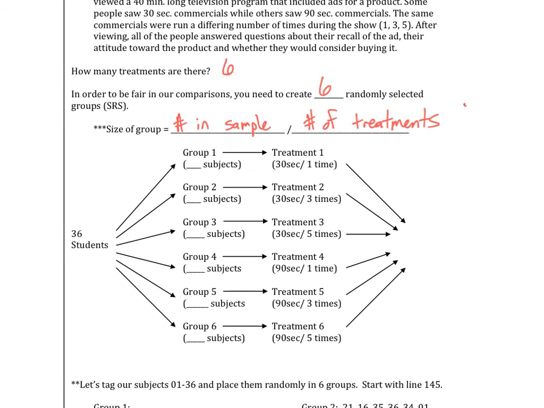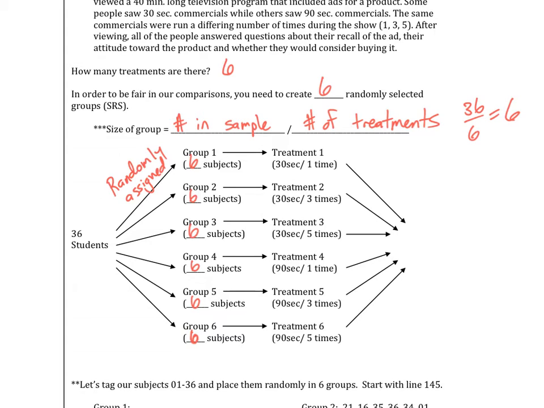So in this case it would be 36 divided by 6. So there would be 6 people getting each treatment. So the 36 students are randomly assigned. Group 1 would have 6 students or 6 subjects. Group 2 would have 6 subjects. So group 3 and group 4, group 5 and group 6. Okay, so they all would have 6 subjects.